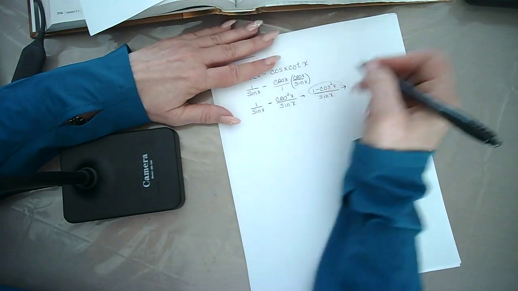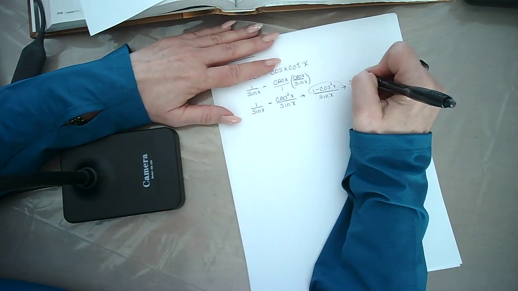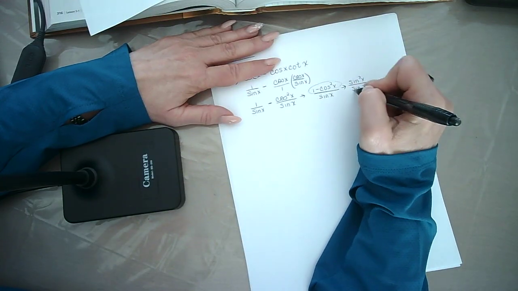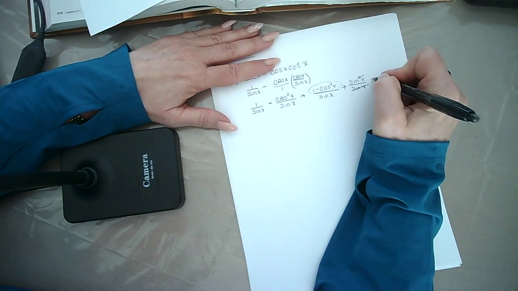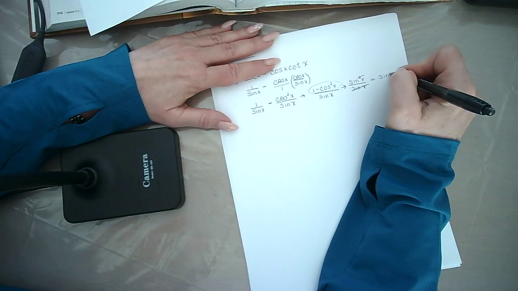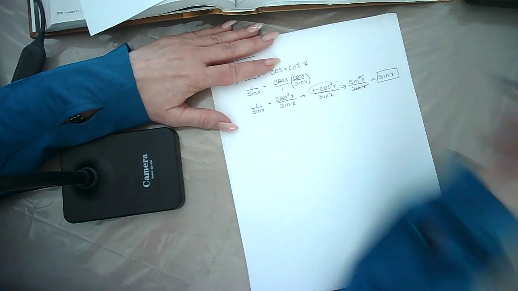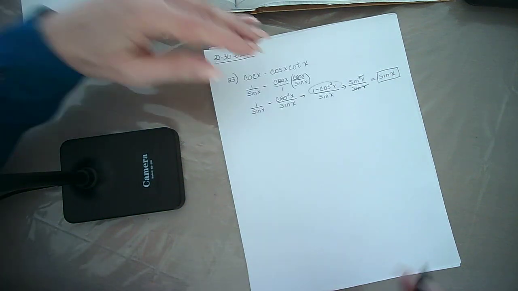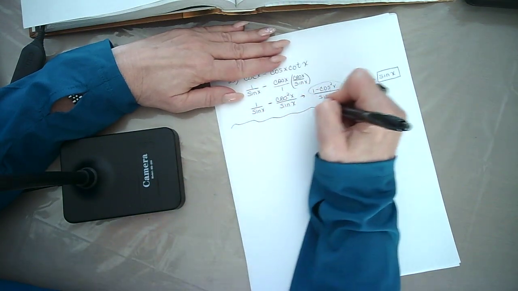So I could replace this as sine squared x over sine x. This would cancel with one of those, and I could simplify that whole expression down to just the sine of x.